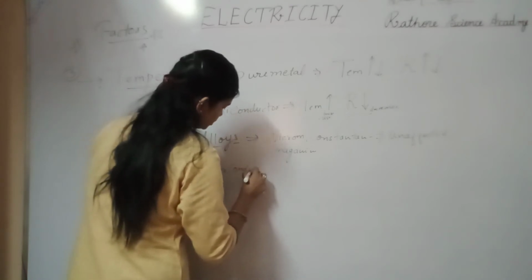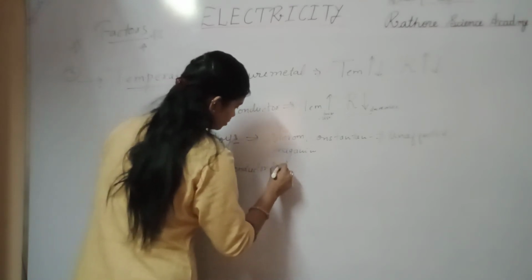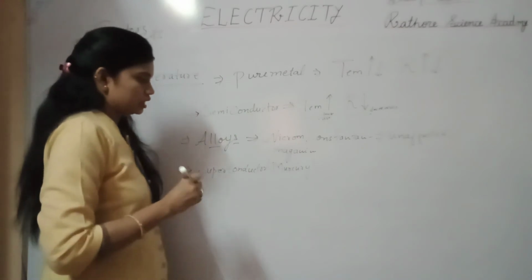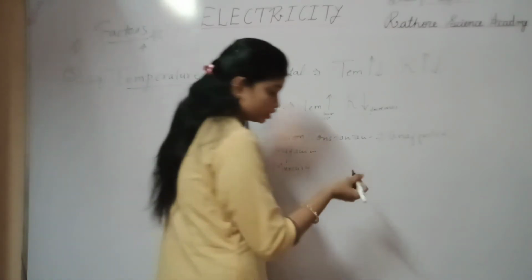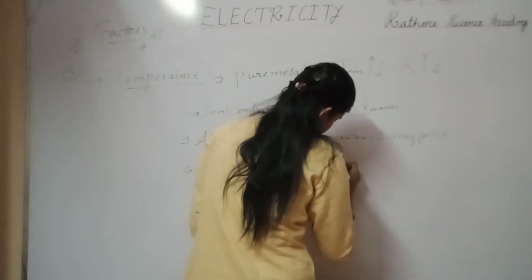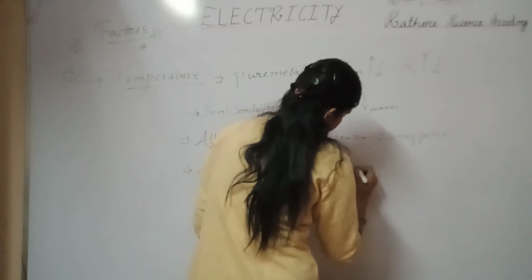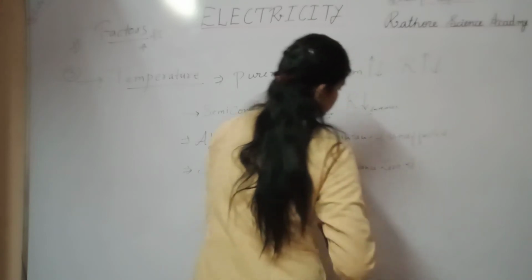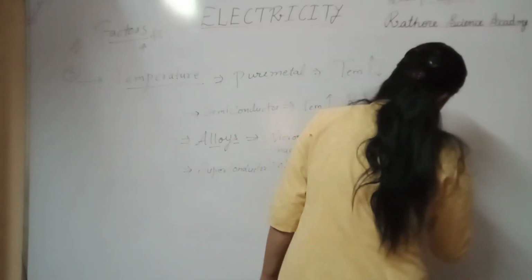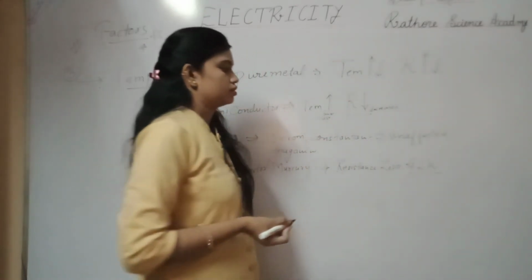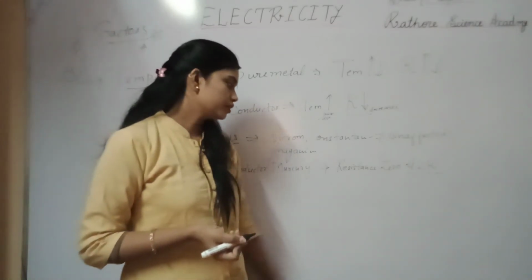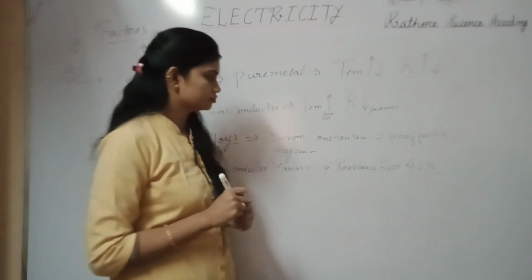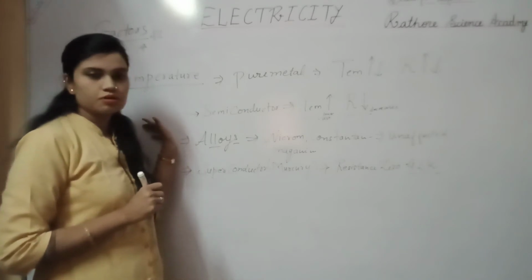So in case of a superconductor like mercury, the resistance of the conductor becomes zero at approximately 4.2 Kelvin, 4.5 Kelvin. Okay. This is all about temperature.